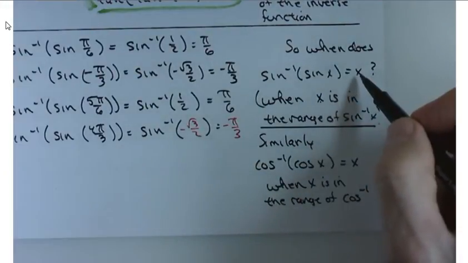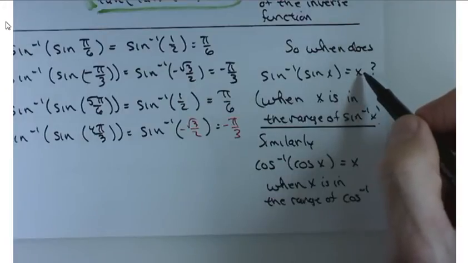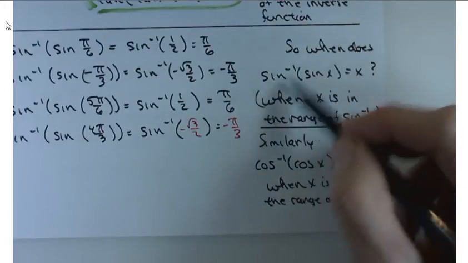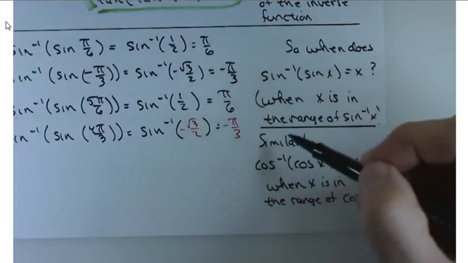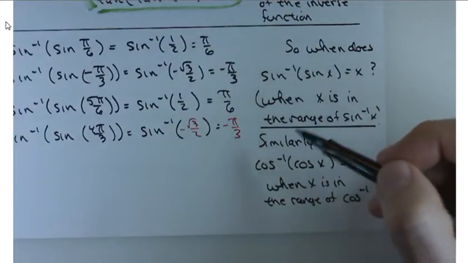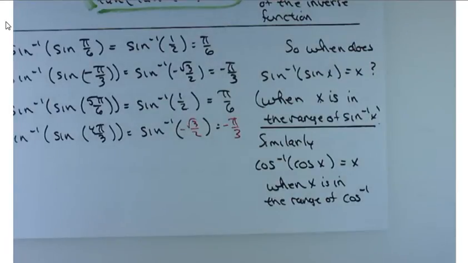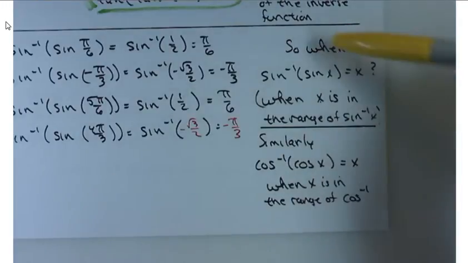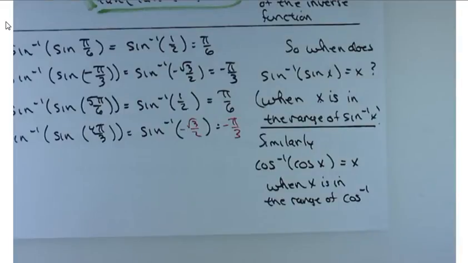We just have to worry about, does this fit into the range of this inverse function? That's when it's going to work. So that's the big conclusion on this. And it's taken us a while to get here, so I'll pause for a second. If you'd like to follow up with some more thoughts, or we'll do one or two here from the book.